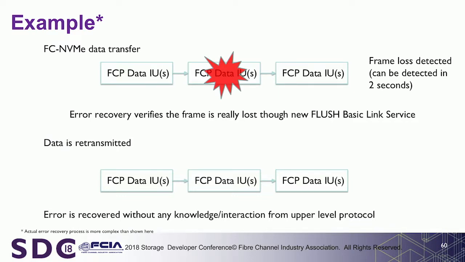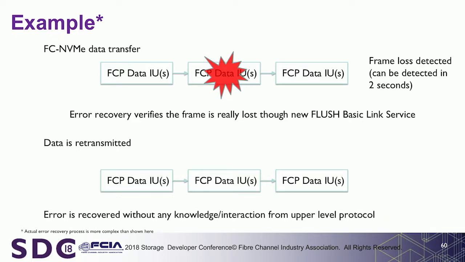So, an example. Now, of course, one caveat for those of you who may know the standards: this is not true to the actual process. Error recovery is very complicated, and if I were to go through that, I could probably spend the entire time talking about the mechanism. But an example is a frame goes missing. We have a 2-second timer.